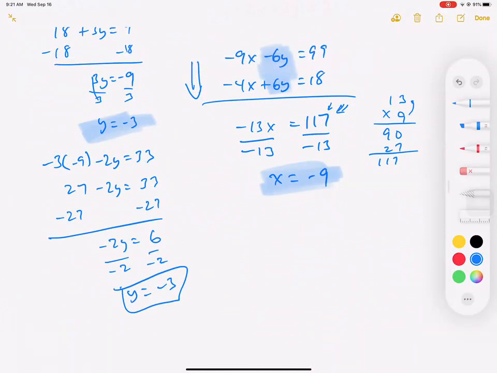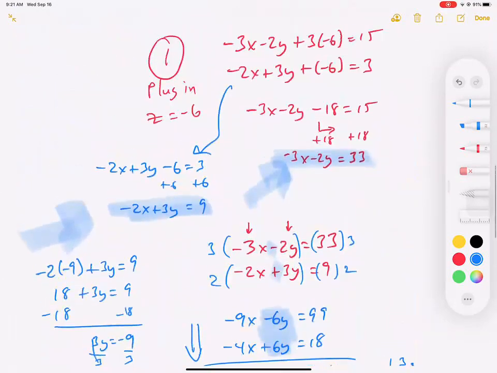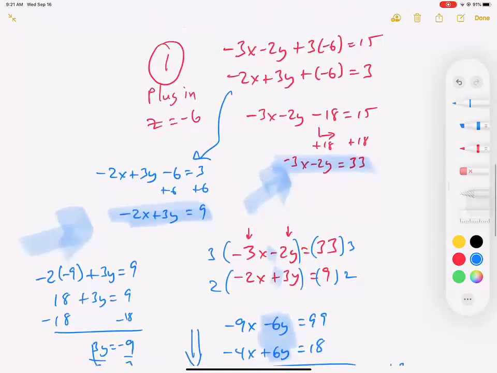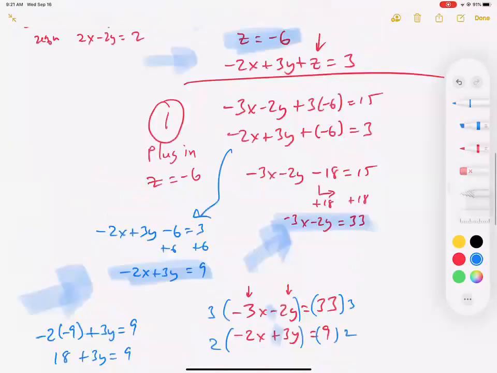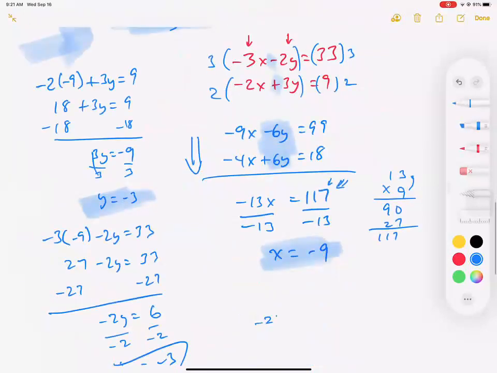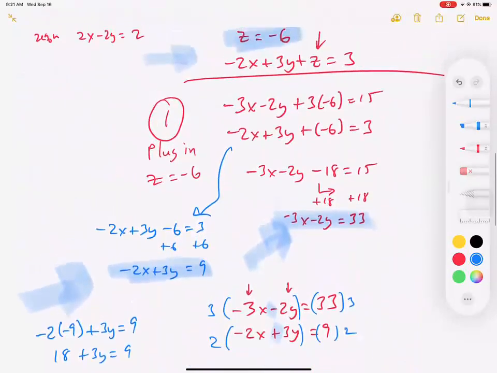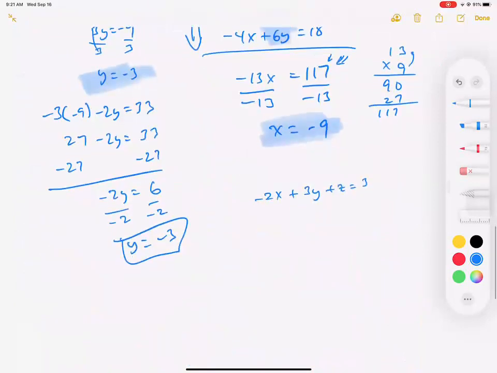And if you want to be super adventurous, you could have plugged this in on one of these original equations. Negative 2x, 3y, 1z, equals 3. You could have plugged in your x and your z, but that's just kind of redundant.